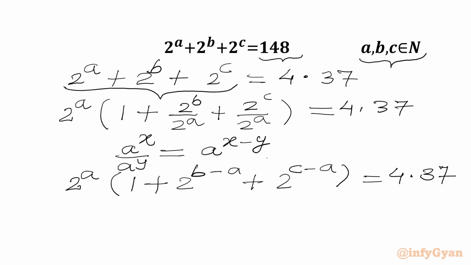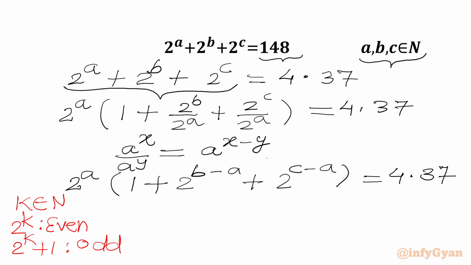From number theory, we know that if k belongs to natural numbers, then 2 power k will always be an even number. 2 power 1 is 2, which is even. 2 power 2 is 4, which is even. 2 power 3 is 8, which is even. Even number plus 1 means 2 power k plus 1 will always be an odd number.